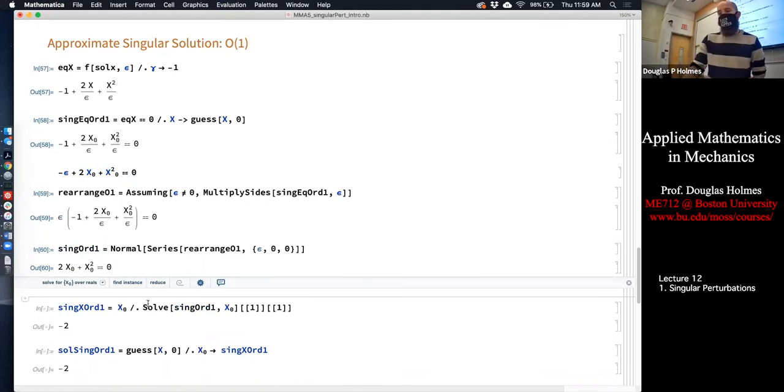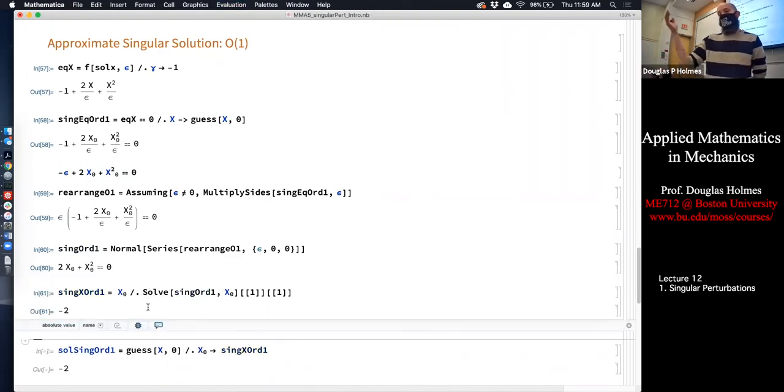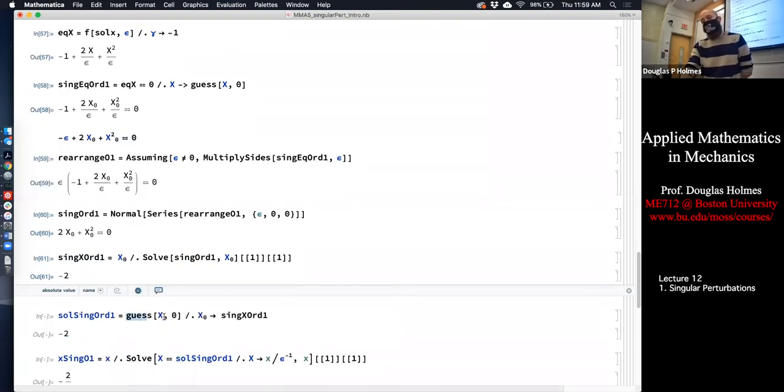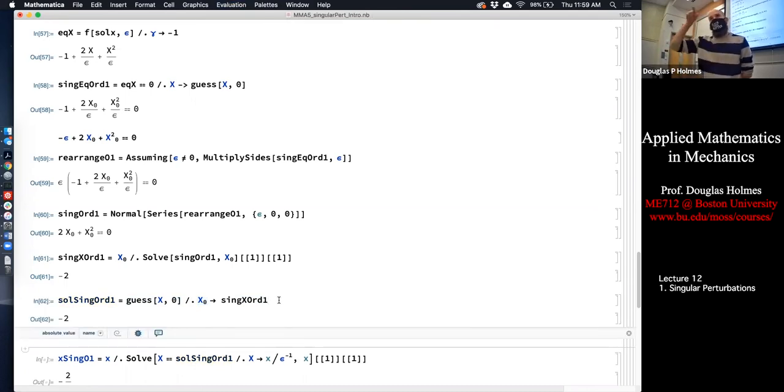And we can just solve this to find out what x naught is. x naught is -2. We do the exact same stuff we did before, which is we replace our guess with our known exponent, which doesn't really do anything here because our guess is the 0th order, so it's just x is equal to x naught, so it's the same thing.